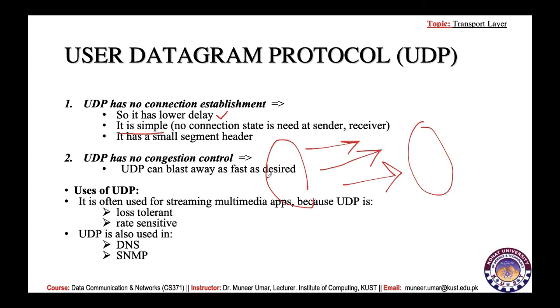So it doesn't care about any sort of congestion on the route. It is often used for streaming multimedia apps because UDP is loss tolerant and rate sensitive. UDP can be used with different protocols, for example, DNS and SNMP.